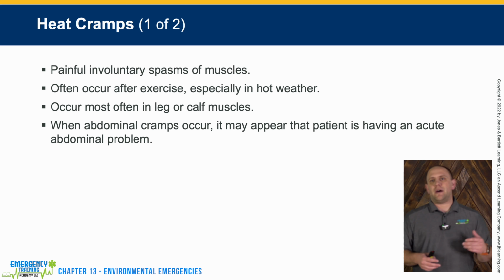This can occur after exercise in hot weather. You're normally going to see it in your calf muscles or your other leg muscles. It can lead into abdominal cramping, and the abdominal cramping associated with the leg cramping leads you down the thought process of heat cramps. If it's just the abdominal cramps, then you could also be wondering if there is an acute abdominal problem along with the heat cramping.